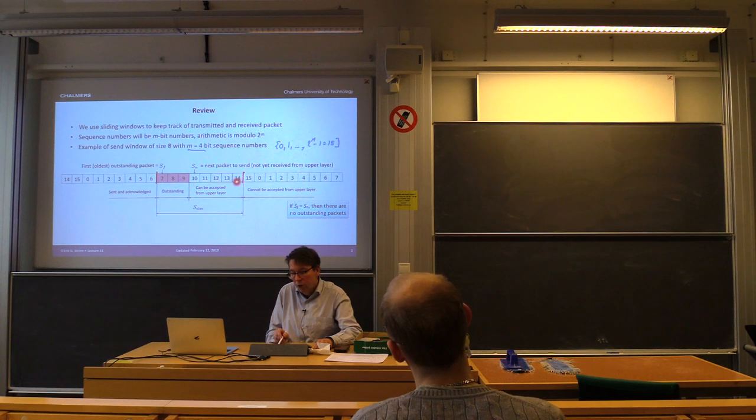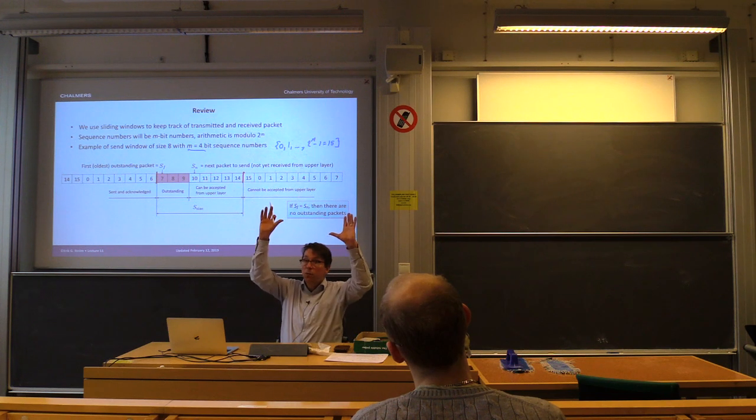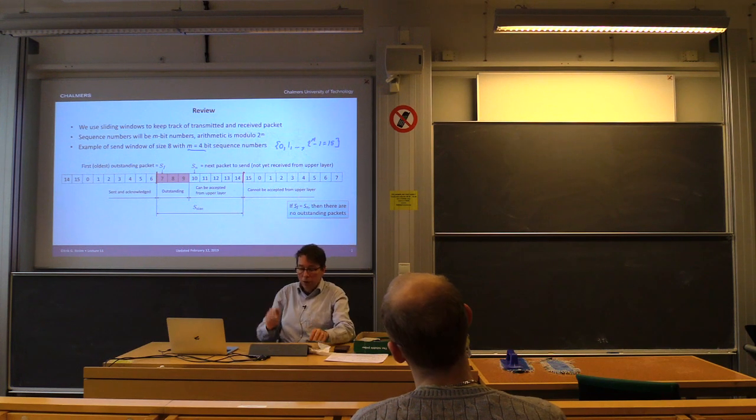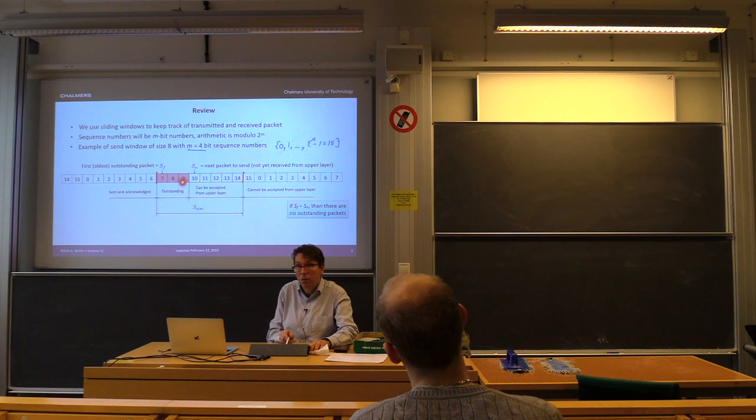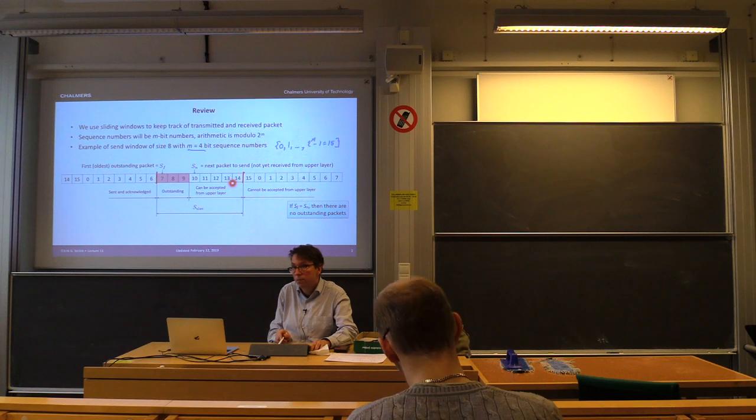And then we have a number of empty slots in the send window, and these are slots for packets which we have not yet received from above. So in this current state, we have 3 packets which we have received from the layer above, and we have transmitted those. We have space for 5 more packets in our send window. We haven't received those yet.